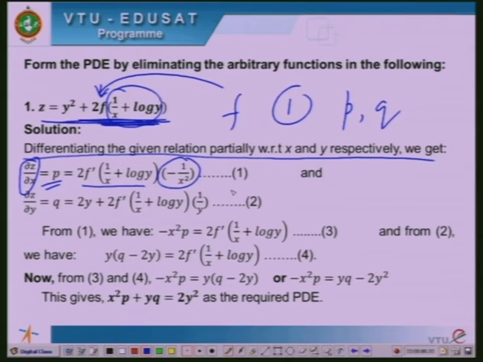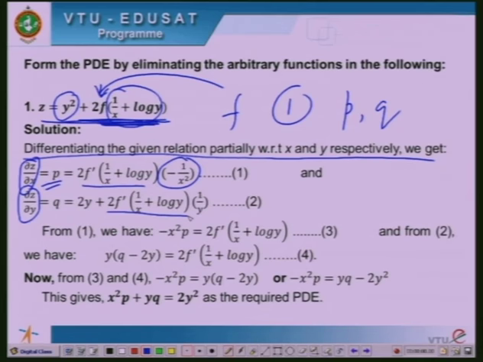Now, take the same expression for z and differentiate partially with respect to y. When you differentiate partially with respect to y, z changes to dou z by dou y, which is also by notation equal to q. When you differentiate with respect to y, y square is the variable. So, the derivative of y square is 2y plus, this differentiation is similar to the differentiation partially with respect to x.